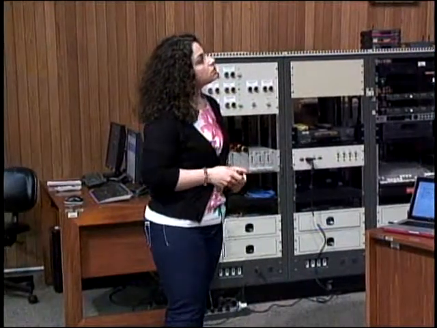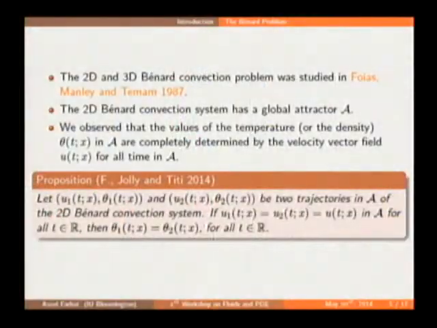All right, so this is a very simple observation that somehow inspired this work. If you look into this 2D Bénard convection model, and you look at two solutions on the global attractor of the 2D Bénard problem, for example U1, theta 1 and U2, theta 2, you observe that if you assume that U1 equals U2 on the global attractor, then automatically theta 1 should equal theta 2 on the global attractor.